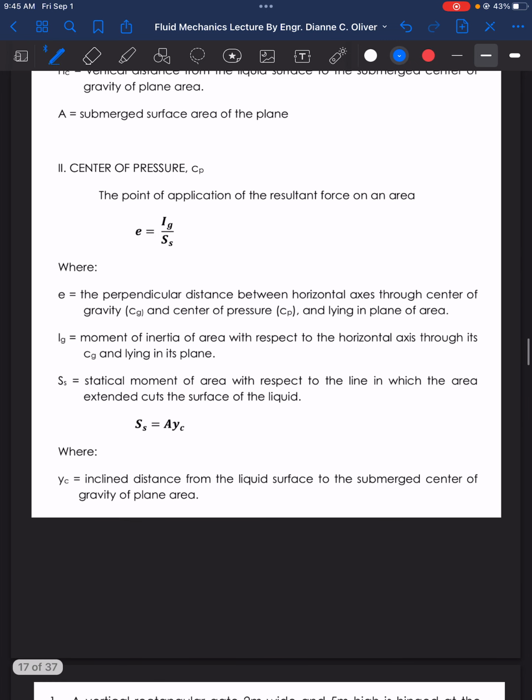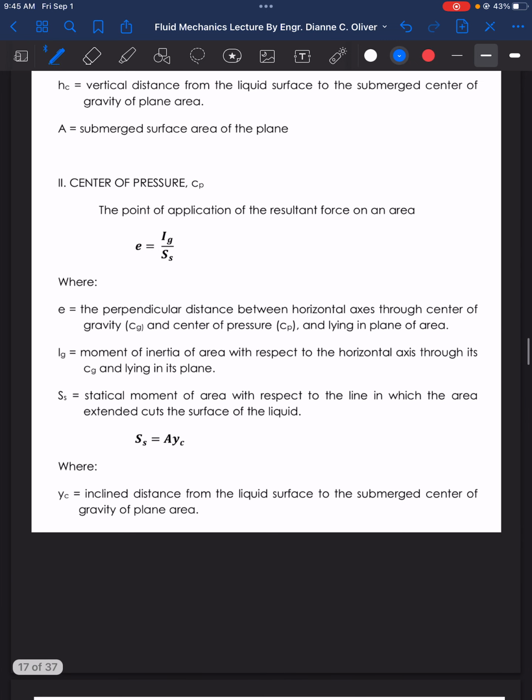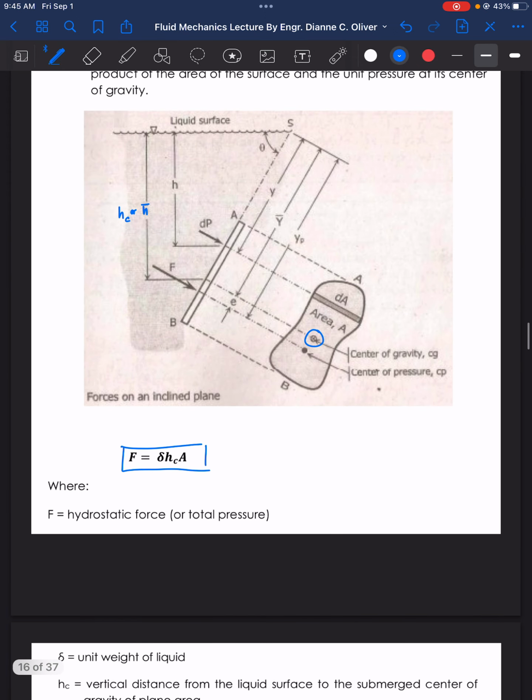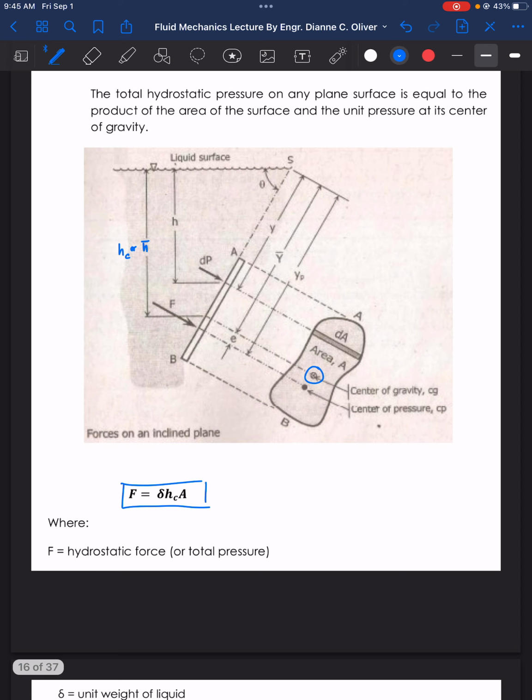Now, how about the center of pressure? How do we get the center of pressure? In the submerged body, the center of pressure is usually found below the center of gravity. The center of gravity is where you balance any object above the water surface.